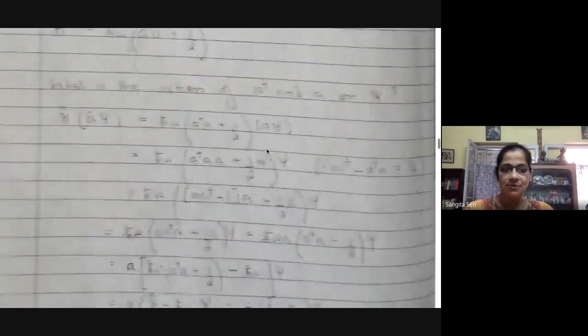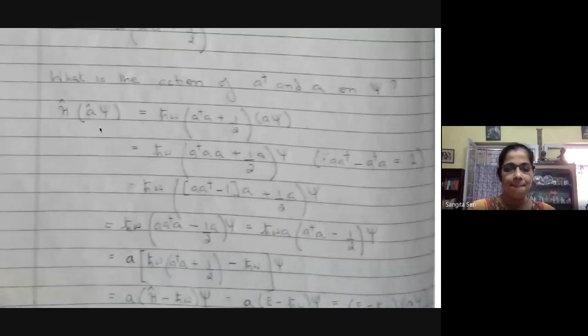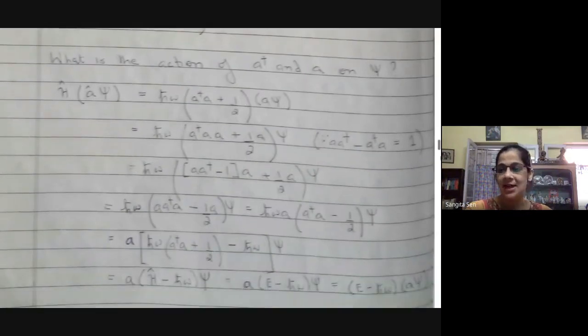To do that, we first see what happens if we have a function that is A psi. Then if we apply the Hamiltonian and we use this value of the commutator, that is the only thing that we use, then we see that A psi is also an eigenstate of the Hamiltonian, but it has an energy which is h omega below the energy of psi.